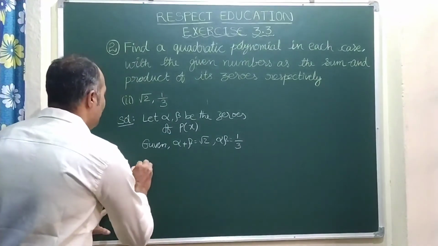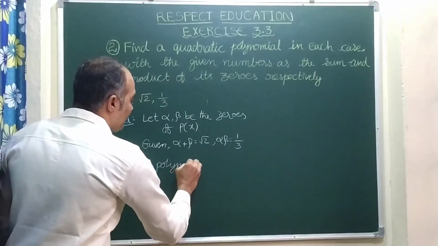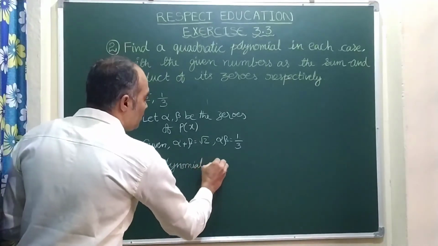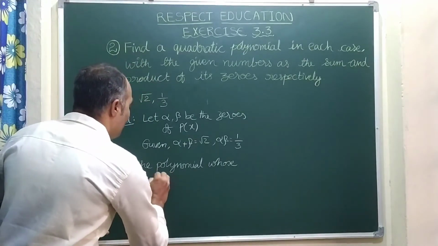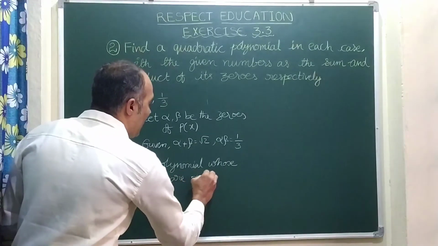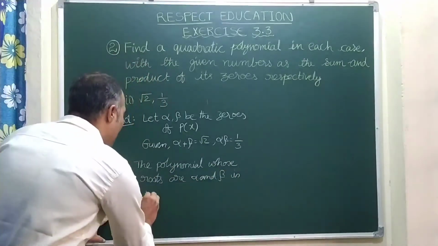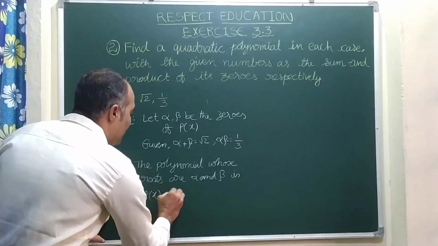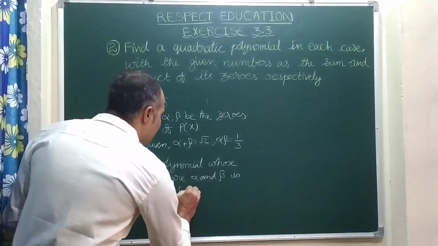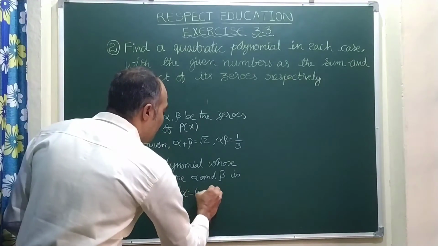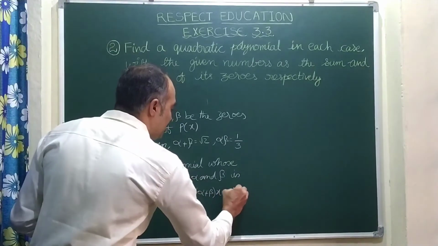Right? Now the polynomial whose roots are alpha and beta is p of x is equal to k times x square minus of alpha plus beta into x plus alpha beta, that's all.